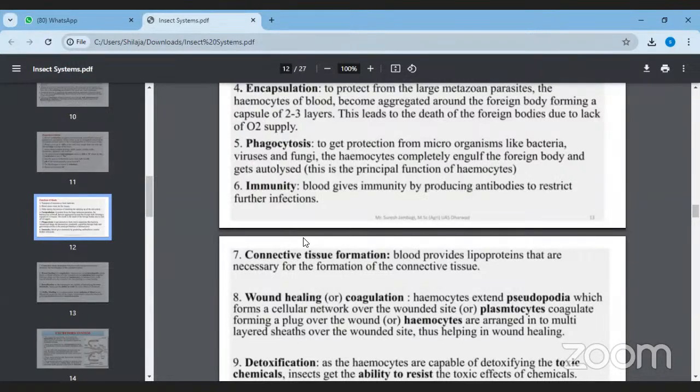The phenoloxidase system is a cascade that produces chemical events and ultimately kills the invader.